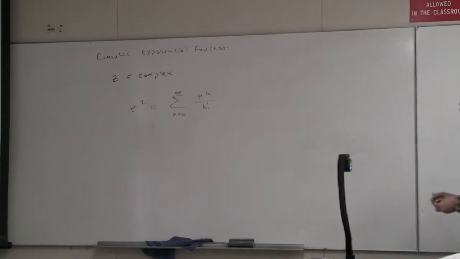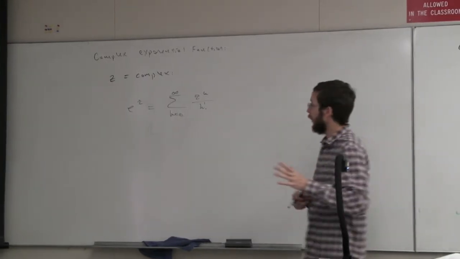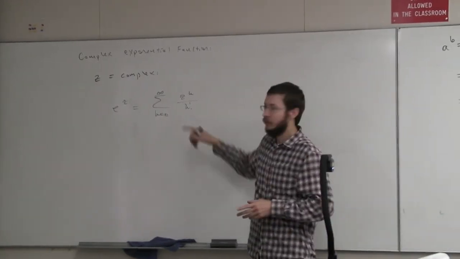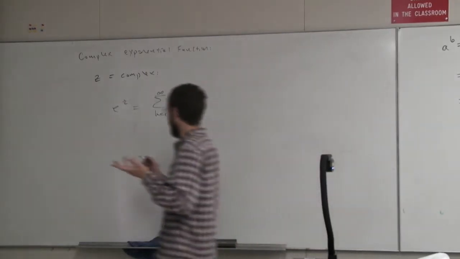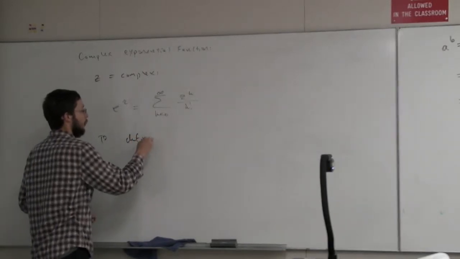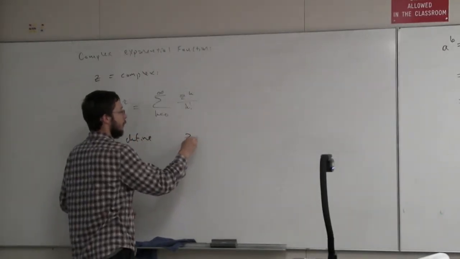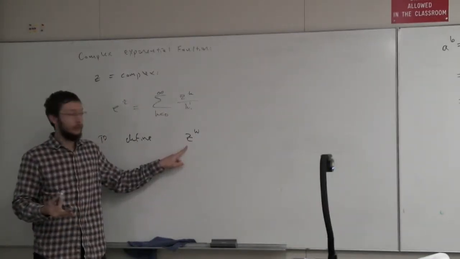Okay. And so once you see this, it's almost like we're home free, right? It kind of looks like we're home free, because if we want to define a complex number to a complex exponent, it kind of looks like we can just do the same thing, right? So to define a complex number to a complex exponent, can't we just use that same formula?